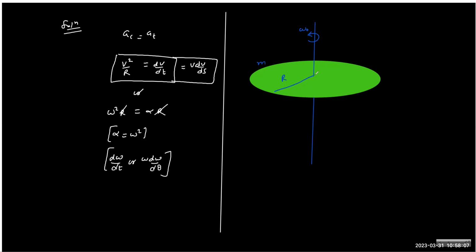So the groove which I made, let's say now my block is close to the axis, but not touching the axis, having the same mass m.